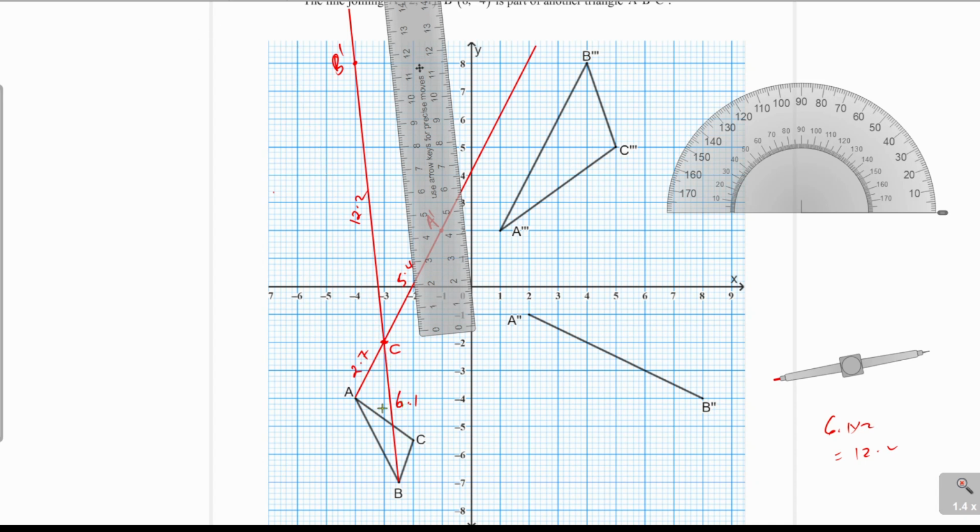I think it is not very clear. So from C to the center of enlargement, yeah, that one is okay. So now take this distance from C to the center of enlargement, and then you double that distance.